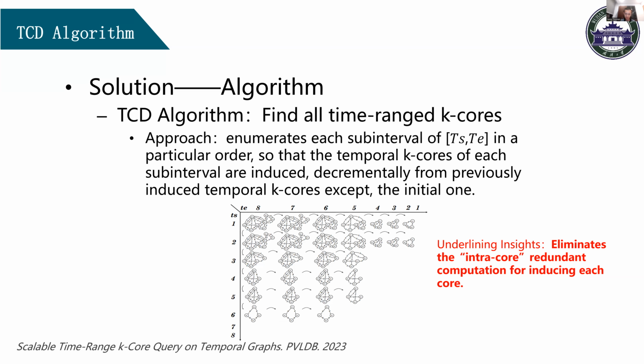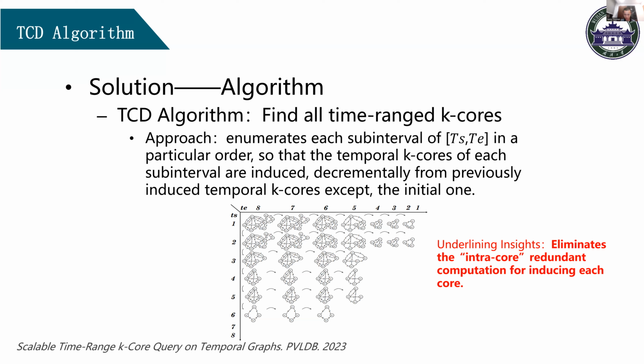The figure here shows the TCD algorithm for finding temporal 2-cores of interval 1-8 on the example graph. We can see that each arrow represents a TCD operation, and clearly the TCD algorithm largely reduces the computational overhead compared with inducing each temporal K-core independently.